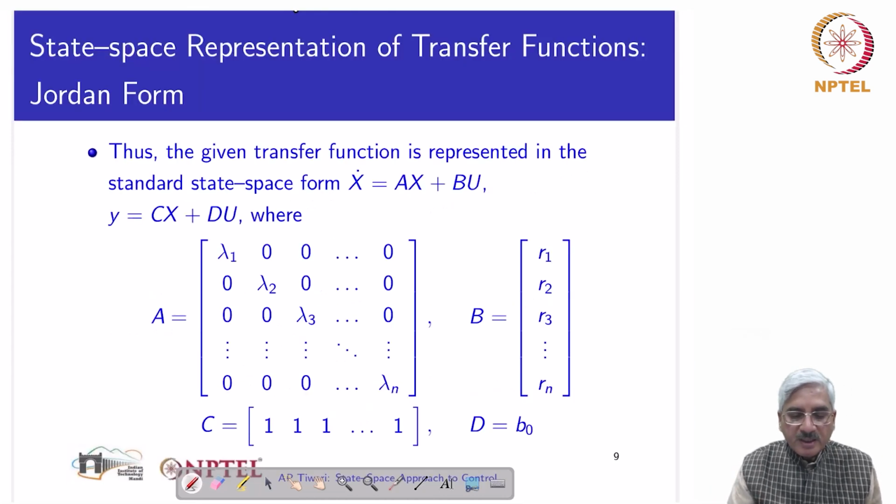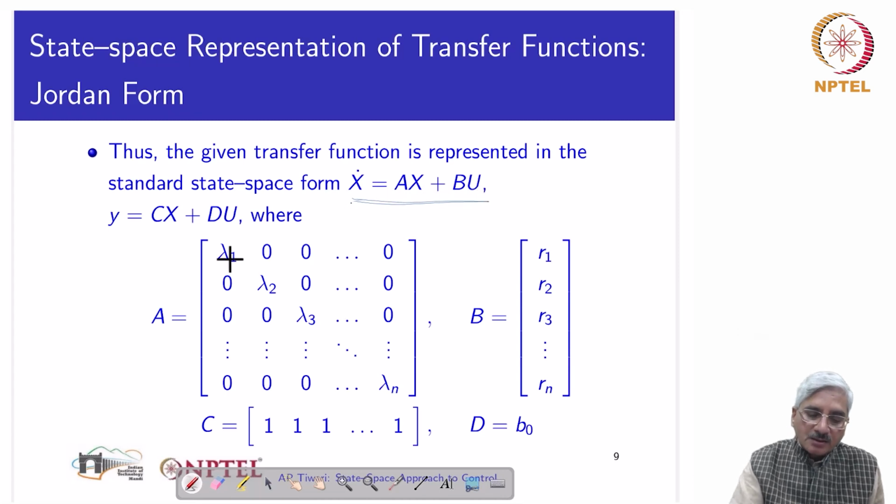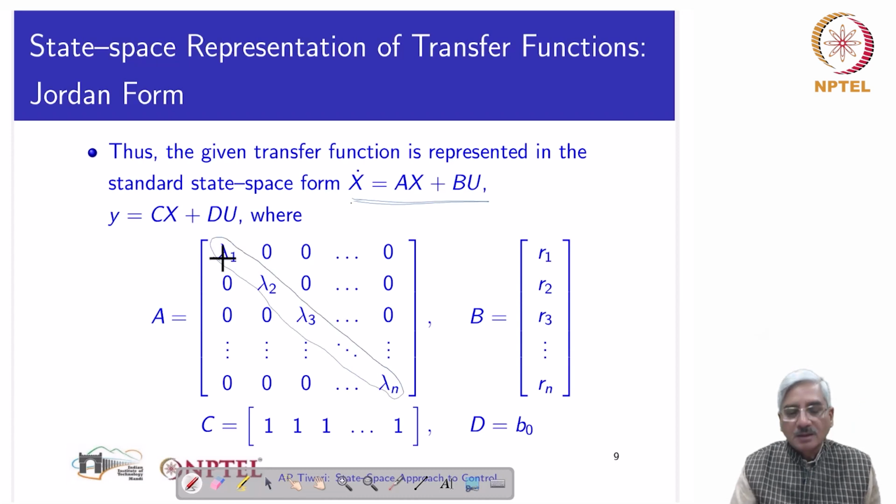So the system gets represented as an nth order state space representation. The lambdas appear along the diagonal like this: lambda 1, lambda 2, lambda 3, etc. up to lambda n, and r1 u, r2 u, r3 u, etc. rn u are the respective inputs going to the subsystems.